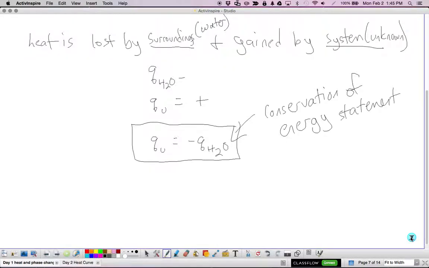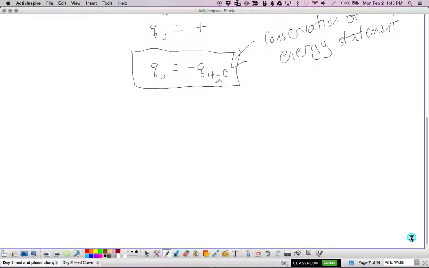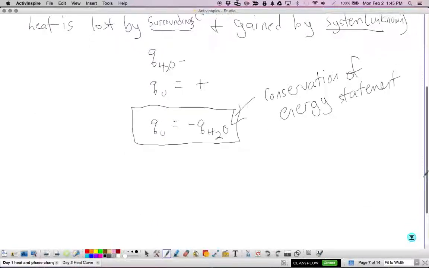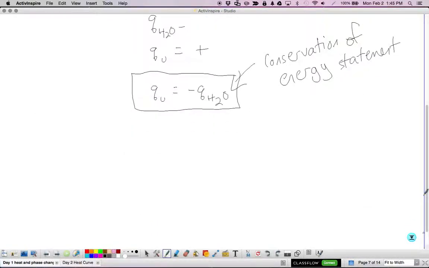Okay, so I'm going to start with my conservation of energy statement, and these are just both going to undergo a temperature change. So I know that Q of the unknown is m Cp delta T, and I know that Q of the water is m Cp delta T. All right, so I just want to make sure that I get my subscripts in correctly.